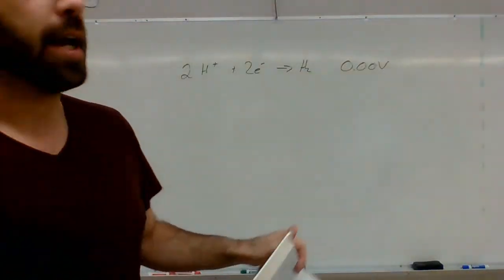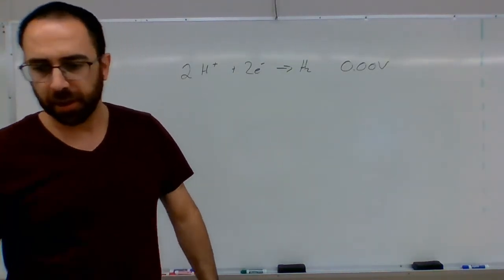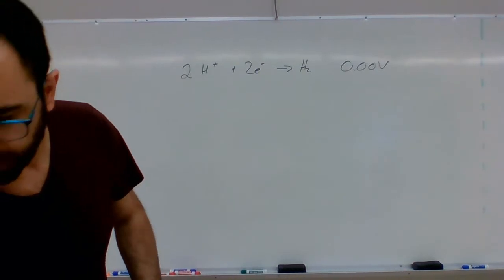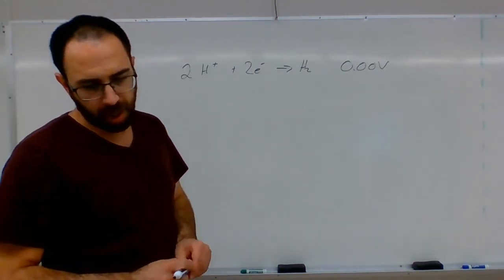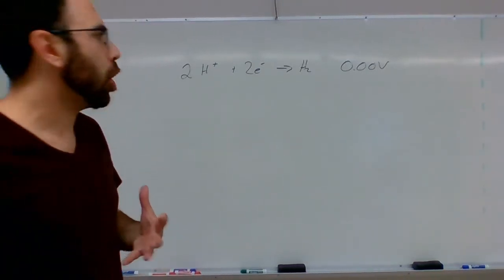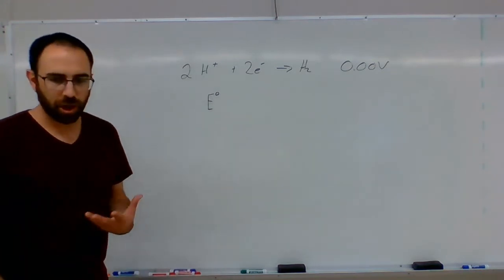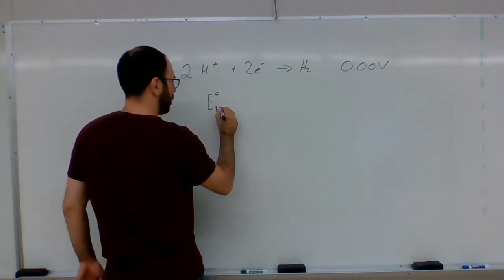And so that is our arbitrary 0 point. The potential is based on that 0 point, and that's where we get all of those electric volts, those E naught. So those E naughts that we see on that chart are actually our E naught for those reductions.